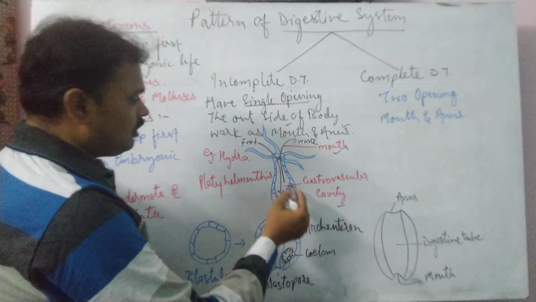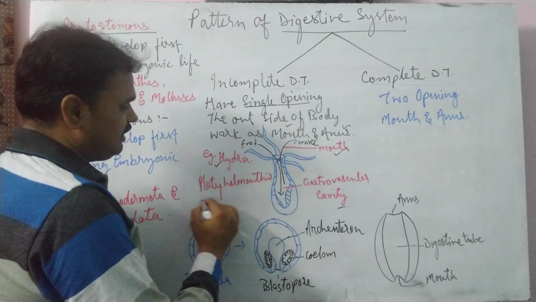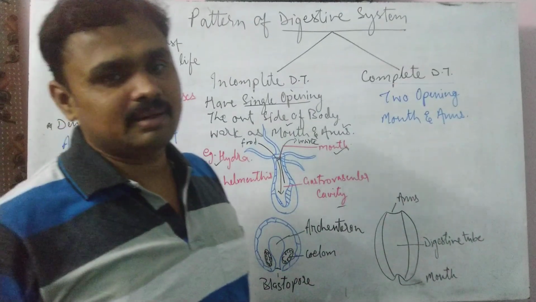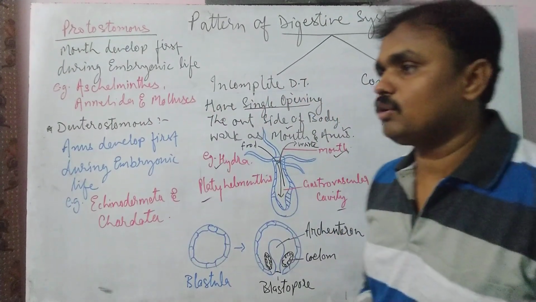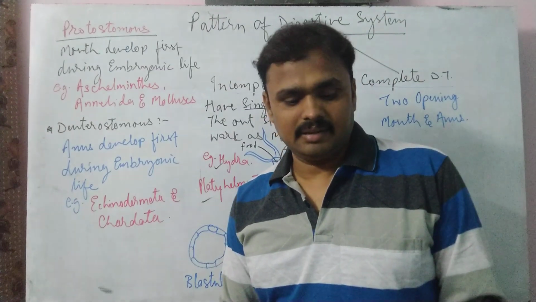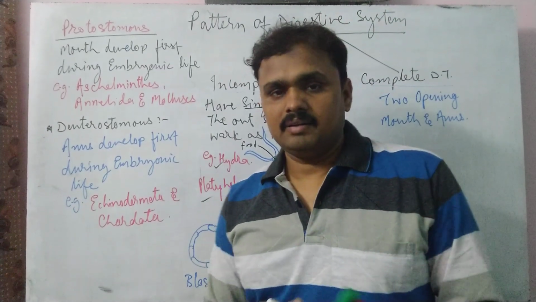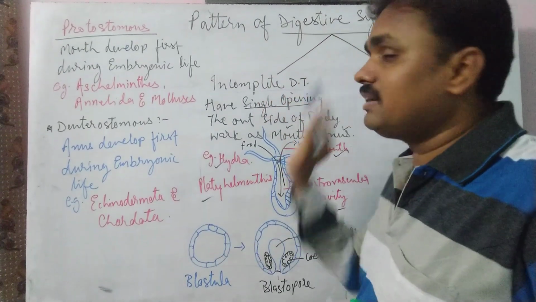Now as we talk about the hydra and Platyhelminthes, these are the two examples in which only one tube-like structure is present. We can call them a blind sac plan, which we will see in the body plan. So here we are talking about the digestive system.